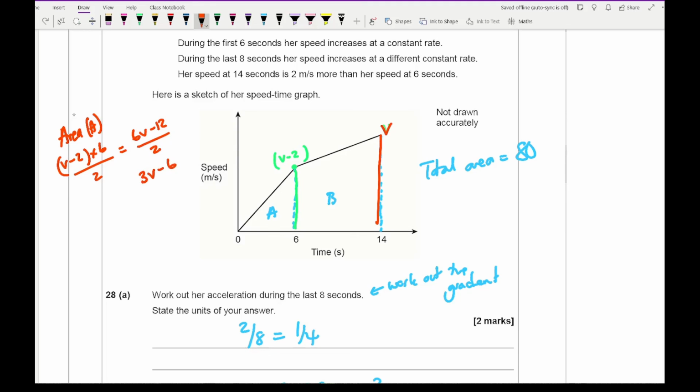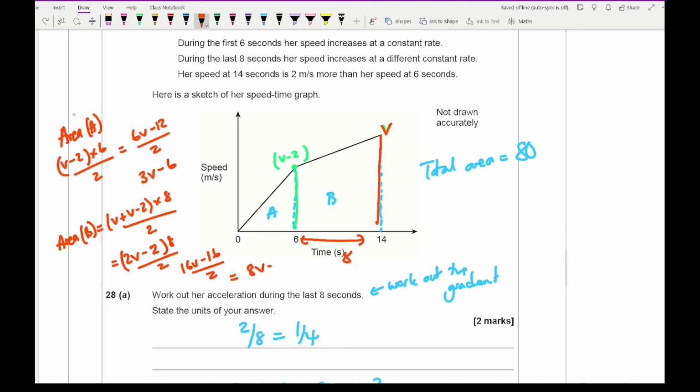Now the area of B is a trapezium, so it's the 2 parallel sides, v plus v minus 2, times the height, which is 8, all divided by 2. So I've got 2v minus 2 multiplied by 8 divided by 2. If I expand the brackets, I get 16v minus 16 divided by 2. So that's 8v minus 8.